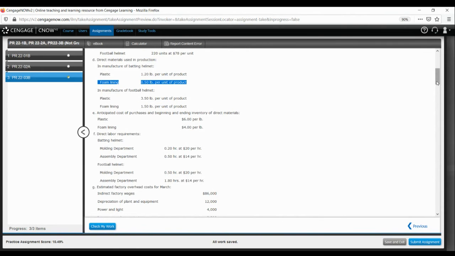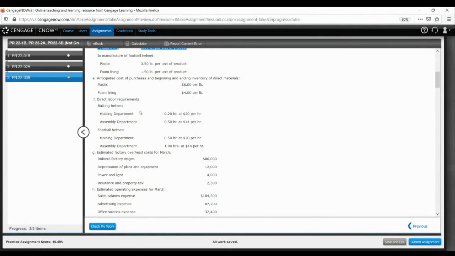So we're going to look at Part F and your additional requirements. For your batting helmets, the molding department is going to take 20 parts of 1 hour. Multiply the 20 parts of 1 hour by the amount of batting helmets that you are producing, and that will give you the total hours for the molding department for the batting helmets.